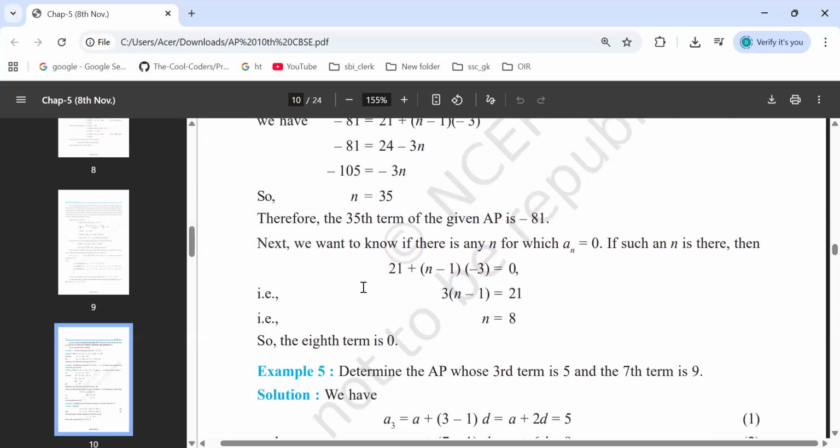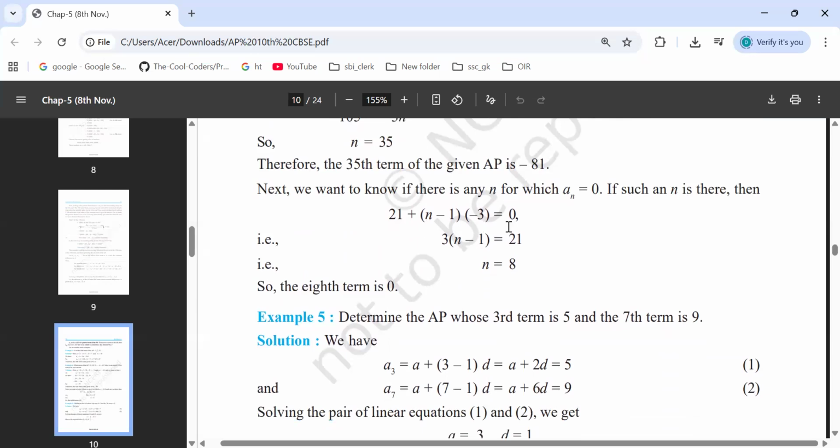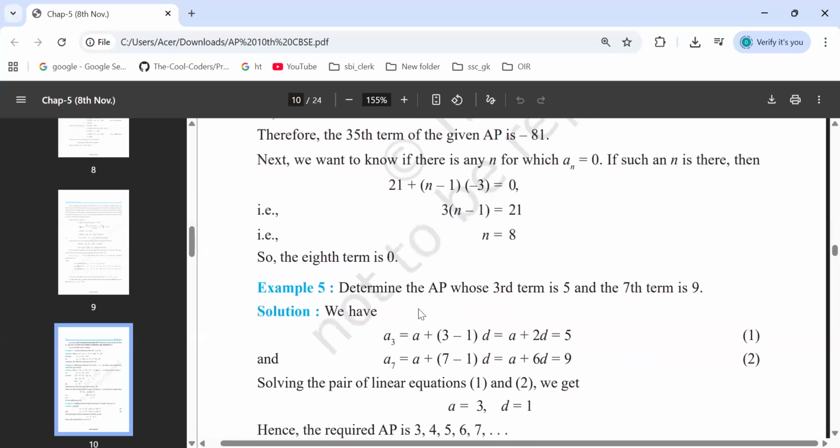Next, we want to know if there is any n for which an equals 0. So for that, we will use the first term 21 plus (n minus 1) into minus 3, which is equal to 0. For n equal to 8, the value is coming out to be 0. So yeah, the 8th term of this AP will be equal to 0.